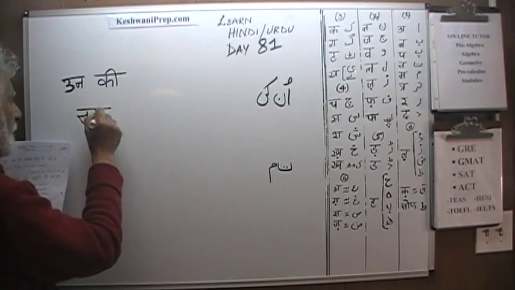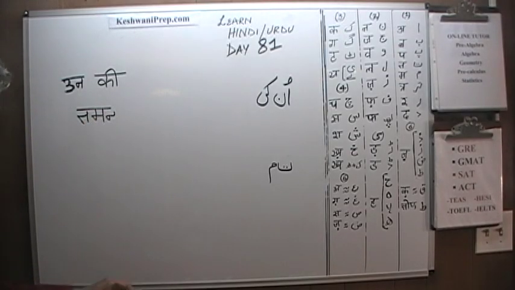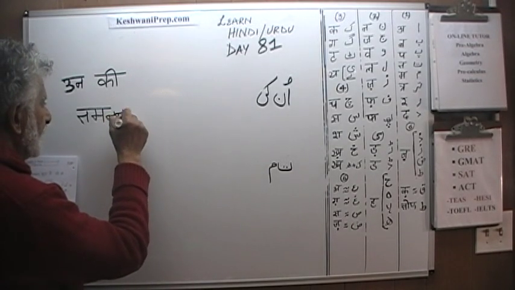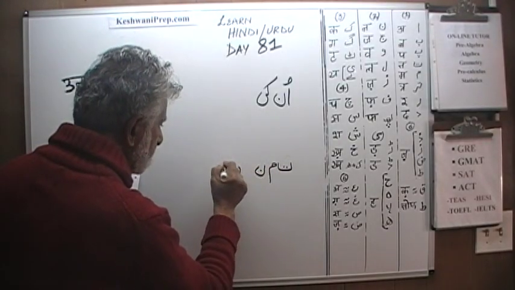Ta, ma, and this is half na, because this na here is going to be pronounced along with the preceding letter. So far it reads taman, and then we need a na, tamanna. Tamanna. Taman, and then na.